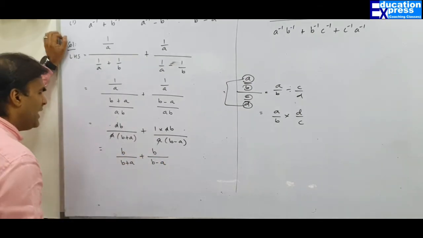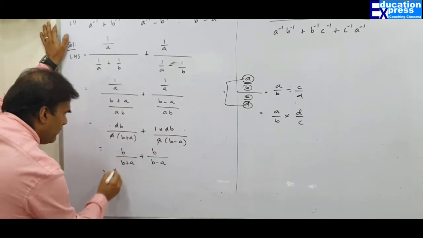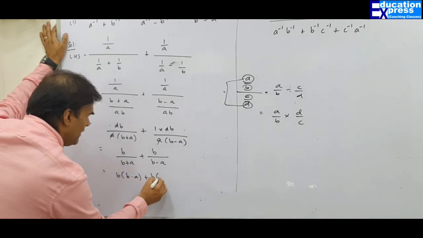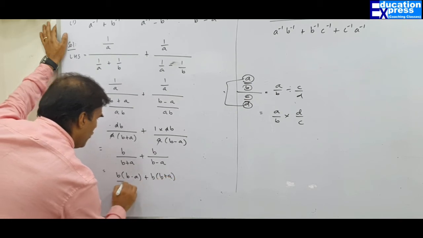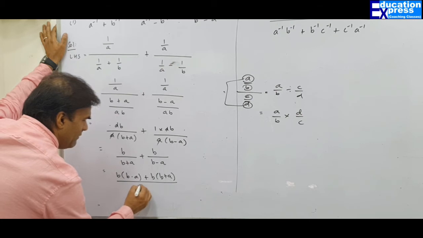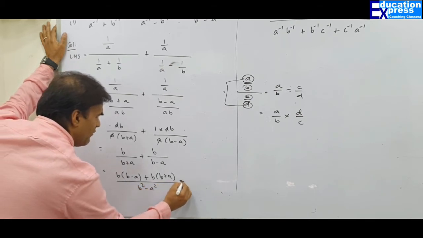From here on, take the LCM: b minus a plus b plus a, the whole upon b plus a, b minus a, which is the identity b square minus a square. What does that mean?